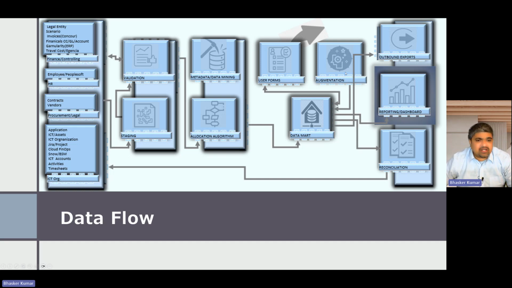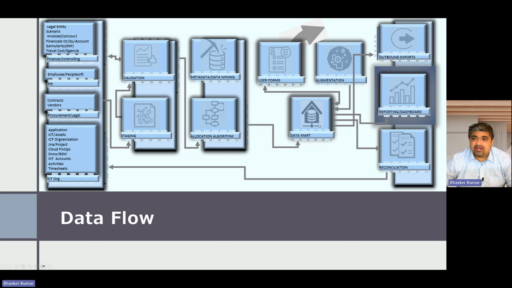We can also augment the information from publicly available information. Like for vendors, we can give you the ESG rating of your vendor, of your cloud provider, how carbon neutral they are, and those kinds of things.